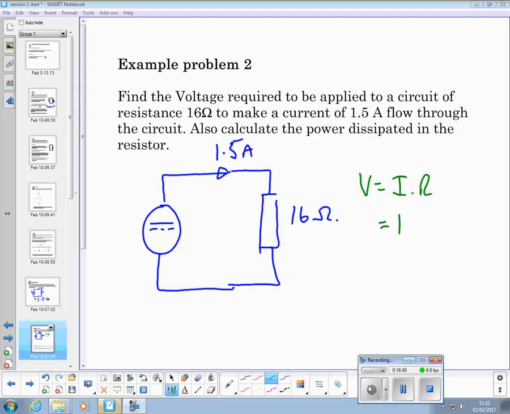Tough if not. When the numbers go in, please put the proper multiplication symbol in, otherwise that looks like 1.5.16. And the answer to that is 24 volts. Yep. Next bit.